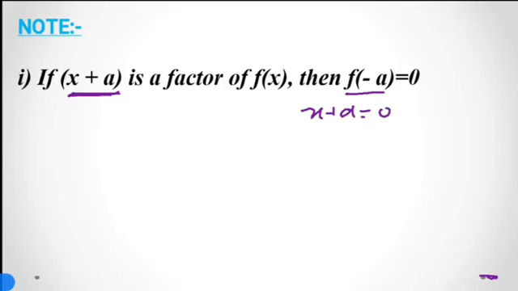That means if we solve for x, we get x is equal to minus a. So now we are going to put this minus a in the given f of x. Then we get f of minus a equals 0. Right children? So here f of minus a equals 0. Let's see the second note here.